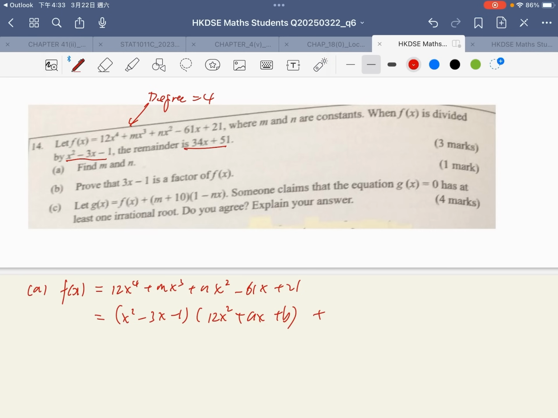We don't know the constants, and you can find them by comparing the coefficients, plus the remainder 34x plus 51.